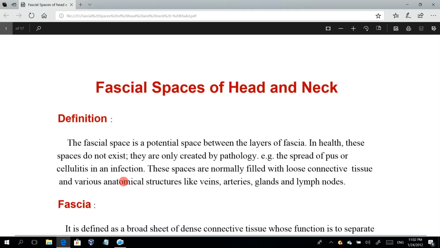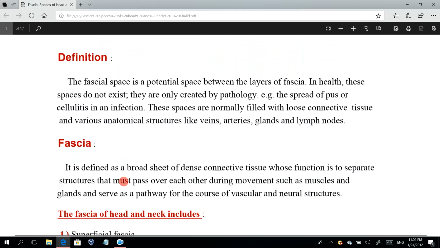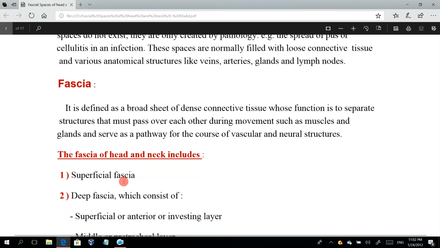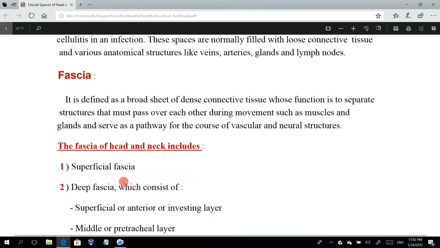Now, the fascia that forms these potential spaces, what is its definition? The fascia is defined as a broad sheet of dense connective tissue whose function is to separate structures that must pass over each other during movement, such as muscles and glands, and serve as a pathway for the course of vascular and neural structures.